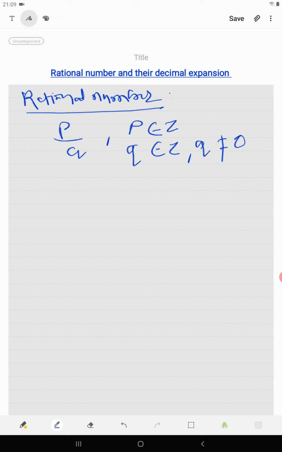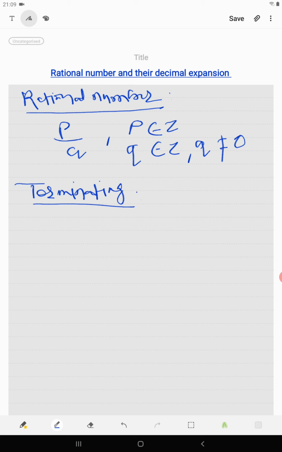Okay. Now here we are going to learn about the decimal expansion also. So before moving further, let's understand terminating and non-terminating. What is a terminating decimal and what is a non-terminating decimal?